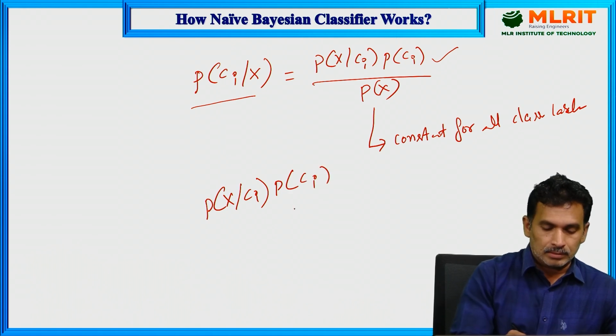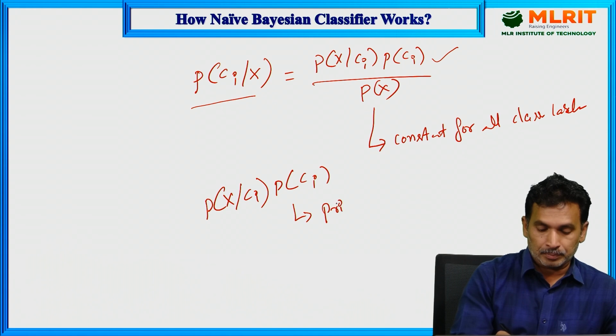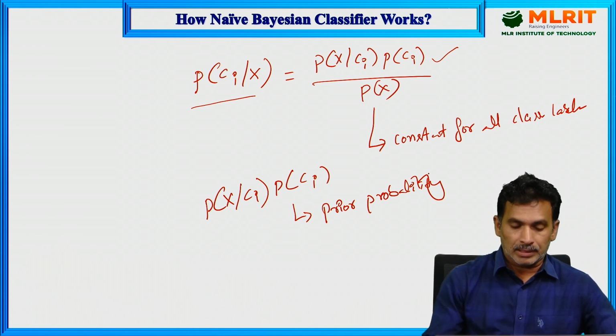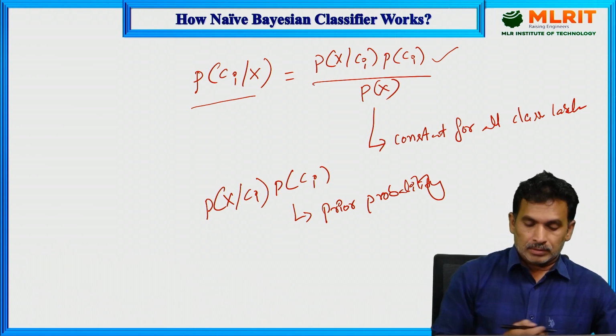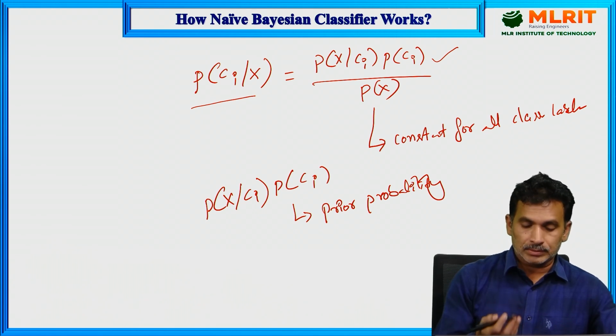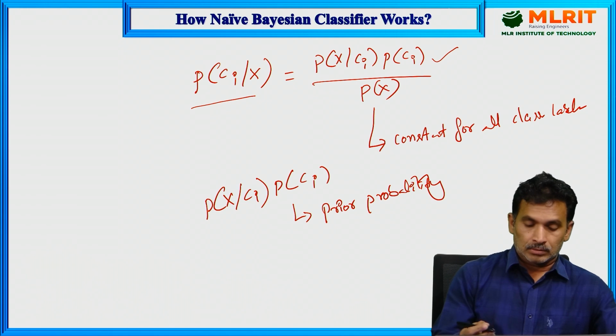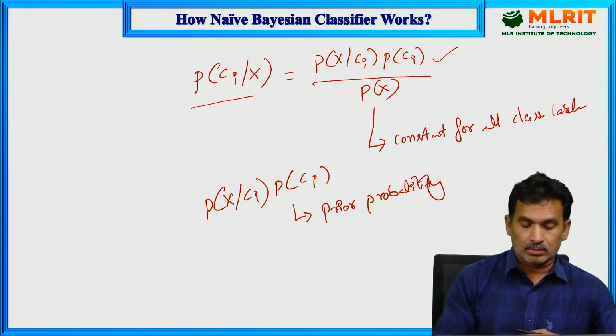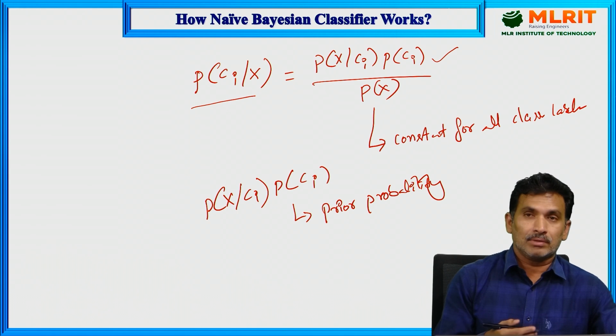Here the probability of Ci is a prior probability. For example, if we don't know the probabilities of the class labels, in most cases we assume that all the classes are equally likely.